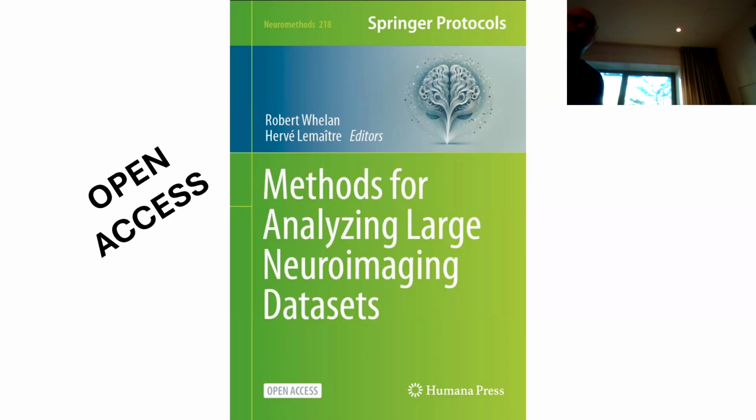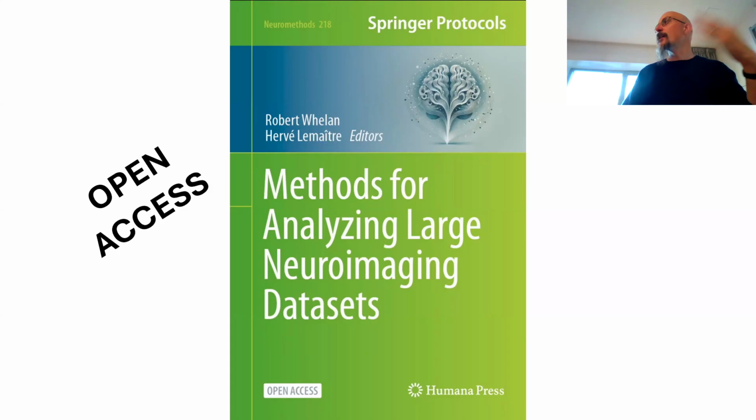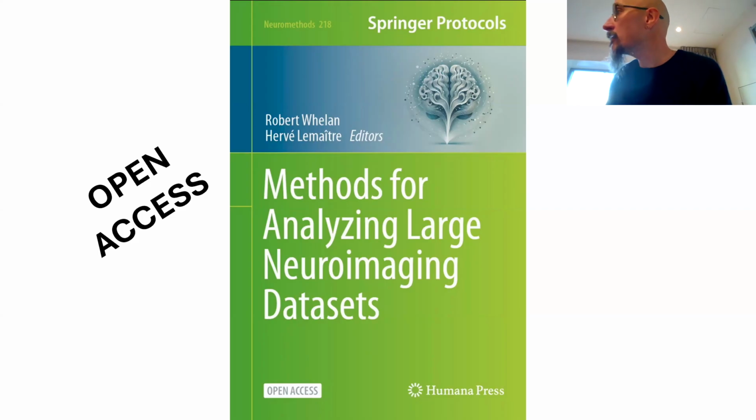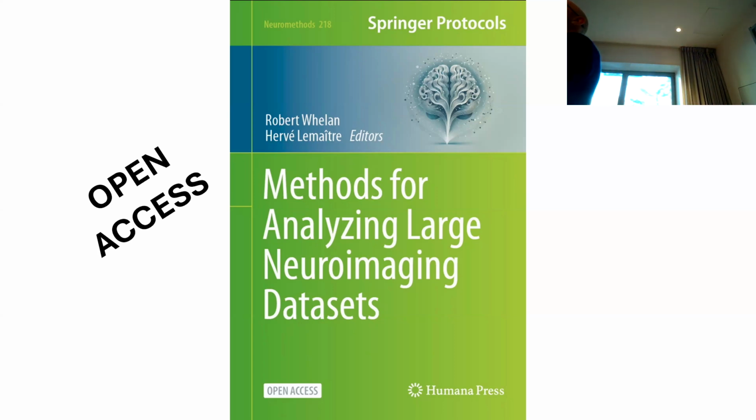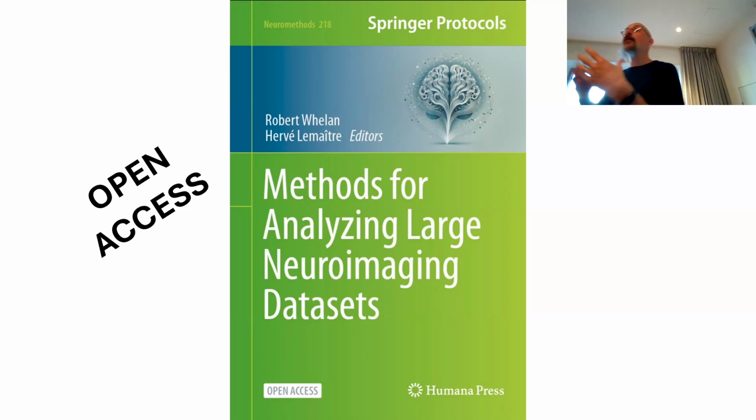There is this book of which I'm an editor, which is very practical, where you can see different methods for analyzing large neuroimaging datasets. It goes from fMRI, DTI, structural, and it's scalable to a level of 1,000, 2,000 subjects. The point is: if you are used to processing 10 subjects, how can you do 1,000?